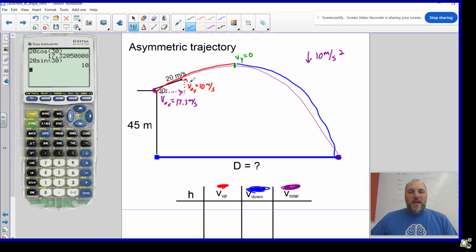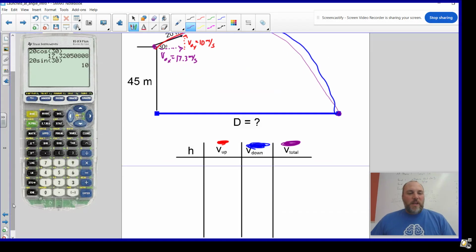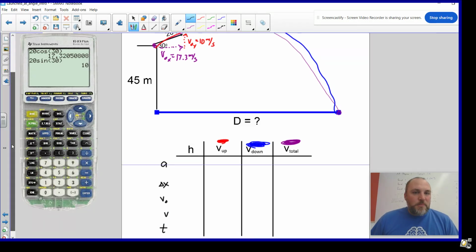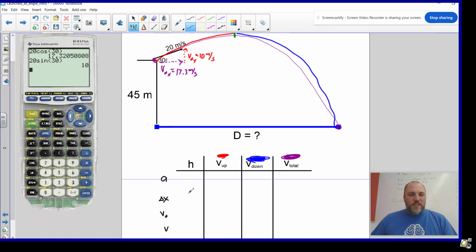Okay, so I've got my initial horizontal and vertical velocities, just like all kinematics problems. I'll start by listing the 5 kinematic variables. So I know I have acceleration, displacement, v initial, v final, and time. At the beginning of this motion, the horizontal velocity is 17.3 meters per second.